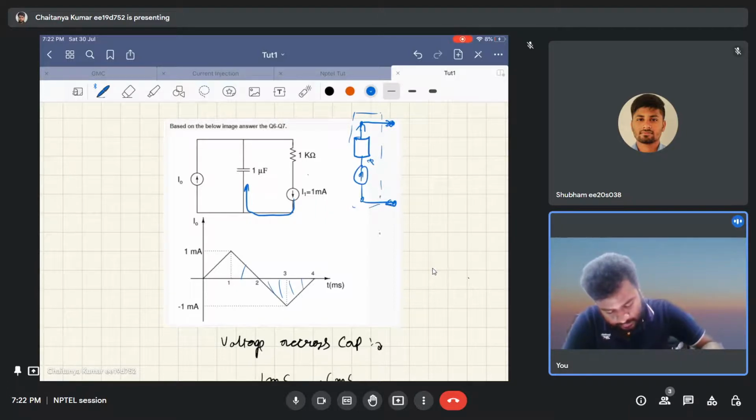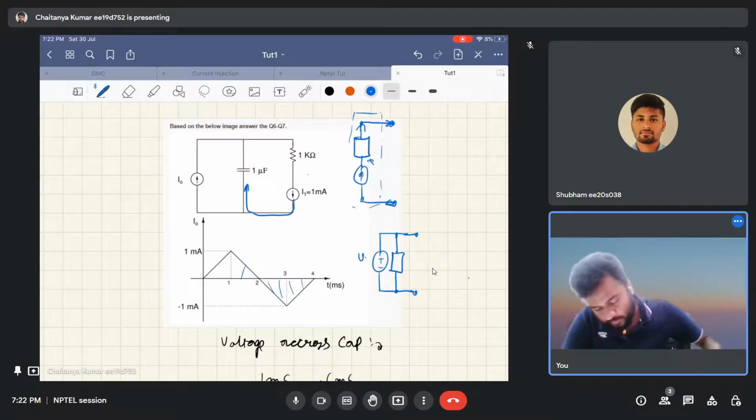Similar is the case with an ideal voltage source. If there is an element in parallel with an ideal voltage source, it won't affect the voltage across it. So you can keep these two things in mind while solving these kinds of questions.